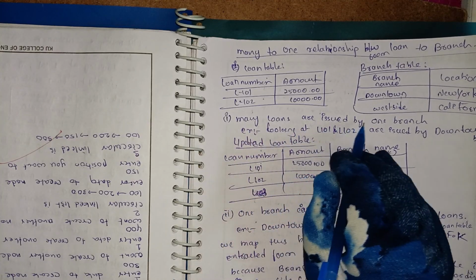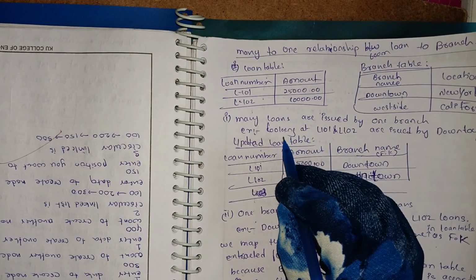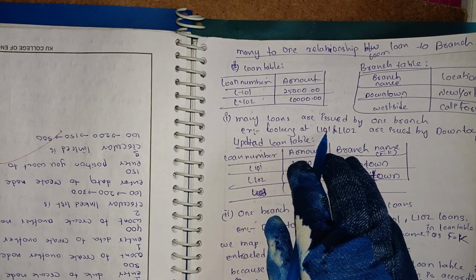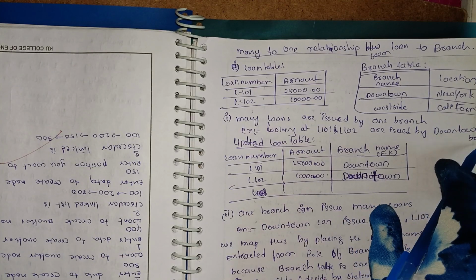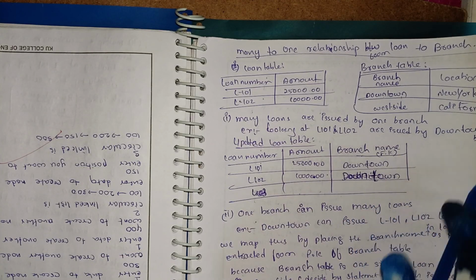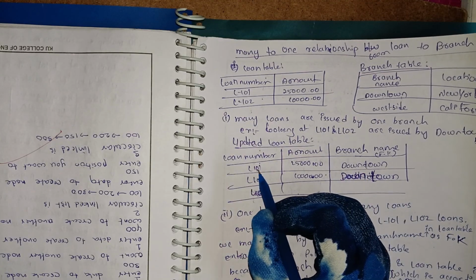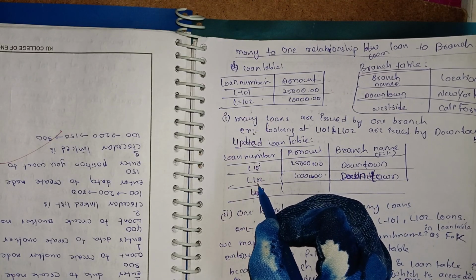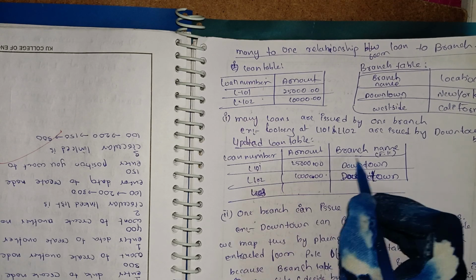Many loans are issued by one branch. It can be possible. An example is L101 and L102 are issued by downtown branch.